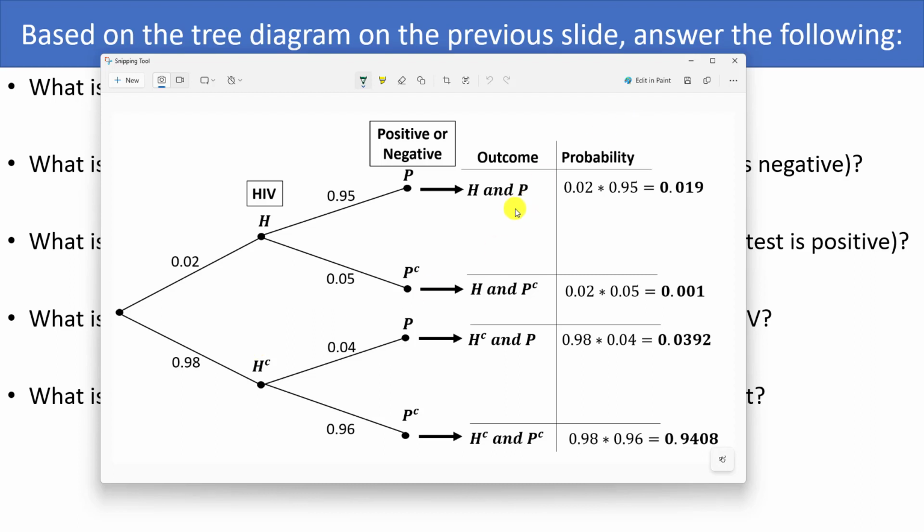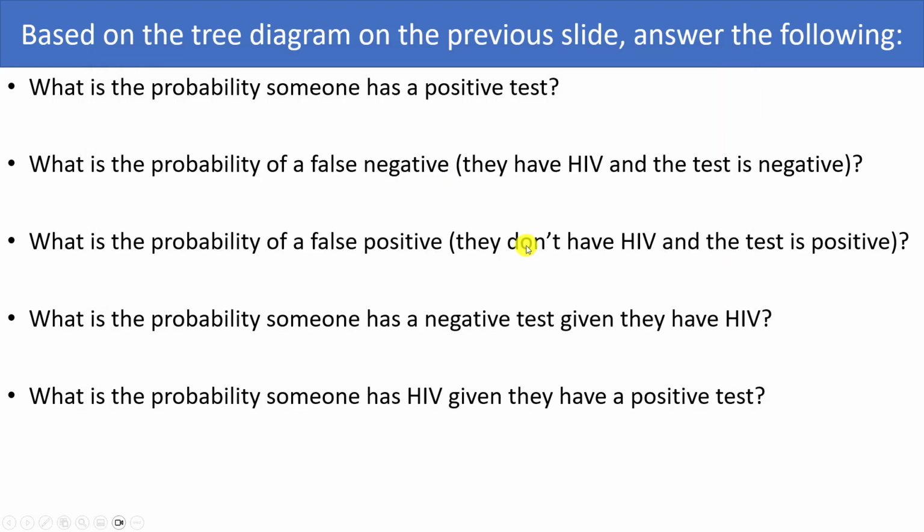And those two outcomes are having a positive test with HIV and having a positive test without HIV. So you can simply add up those two AND probabilities, 0.019 and 0.0392, and those are the only two times you could possibly have a positive test. So if you add those two together, you're going to get the chance of a positive test.